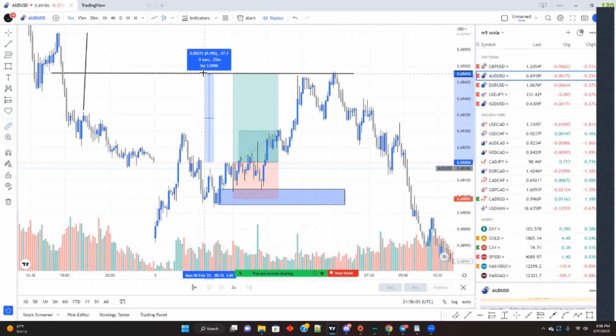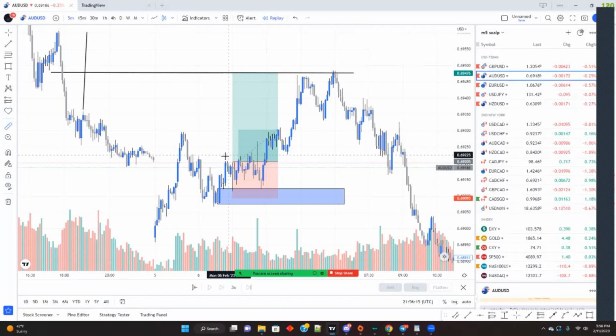Now the TP is 27 pips, right? If your stop loss is 11 pips at 1% and your TP is at 27, so 11 times 2 is 22. So at 22 pips, right there, you're at 2%.